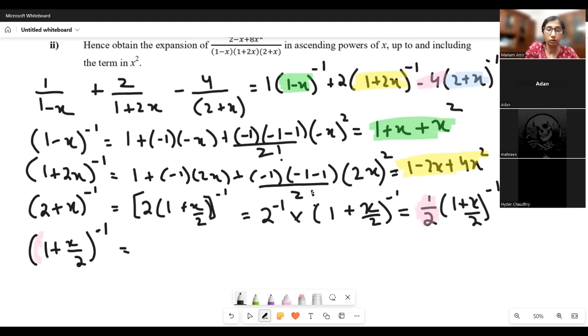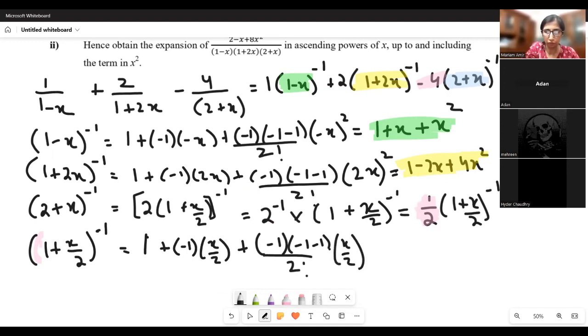Okay, so we're expanding that: 1 plus -1 times x upon 2, plus -1 times -1 upon 2 factorial times x upon 2 whole square.